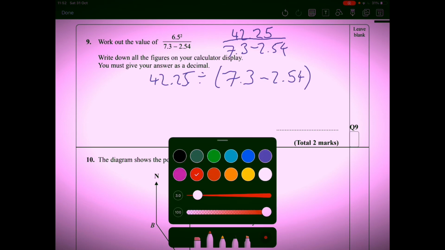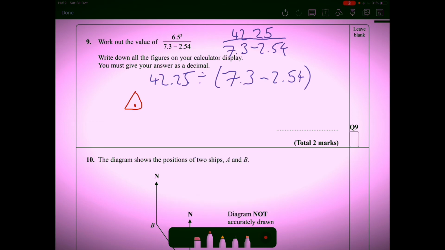Here's a little warning. This is what you don't want to do. Do not just plug that into your calculator: 6.5 squared divided by 7.3 take away 2.54.